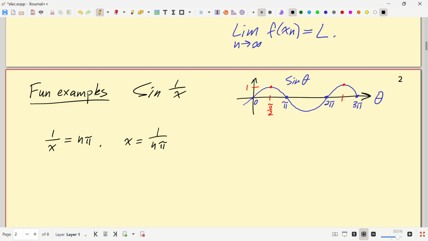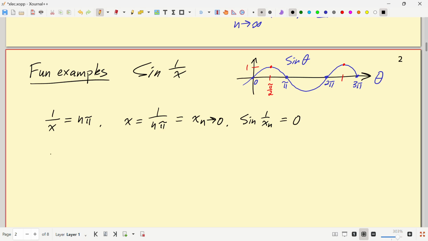So this would be an xn, and sine 1 over the xn's would be equal to 0, and the xn's tend to 0. So I found a sequence tending to 0 such that the sine of 1 over xn is equal to 0.